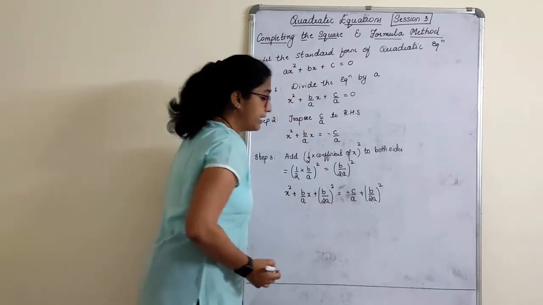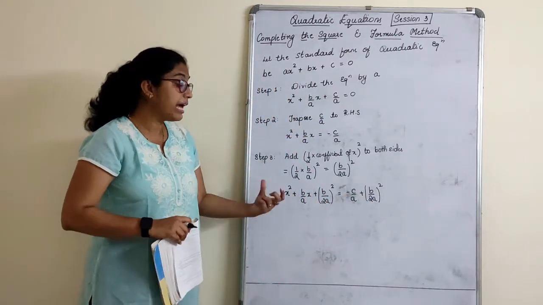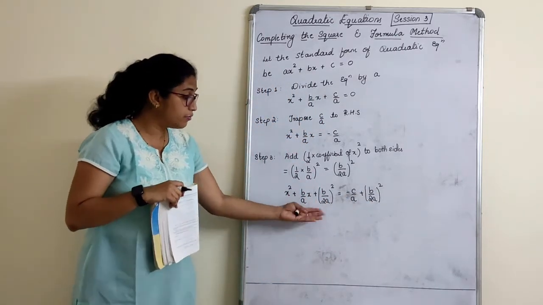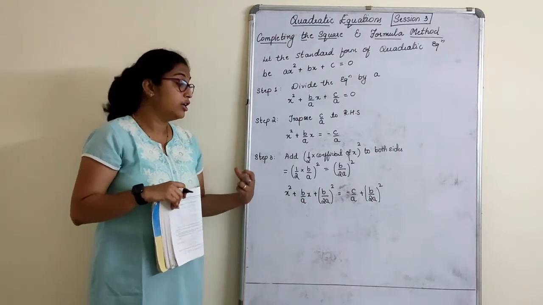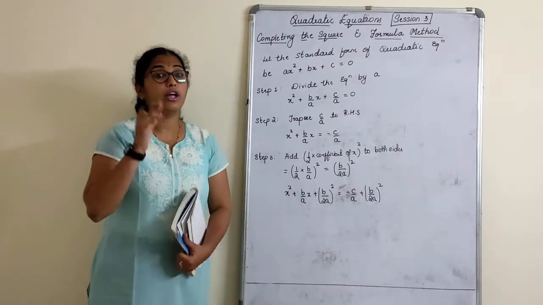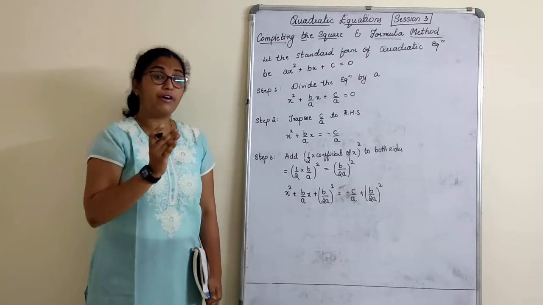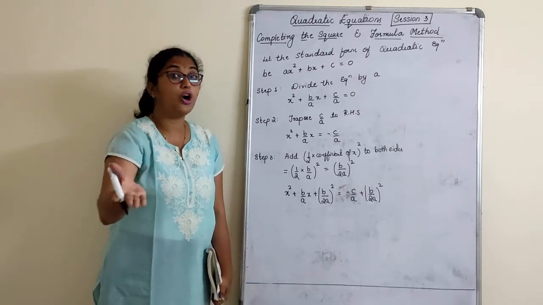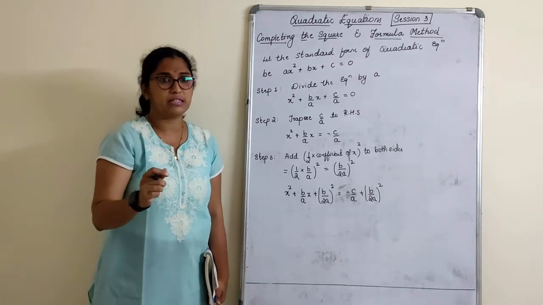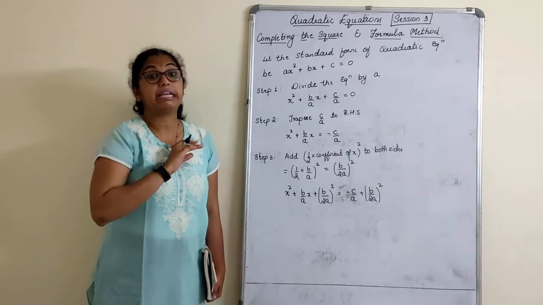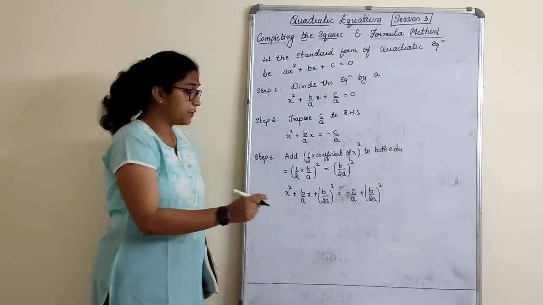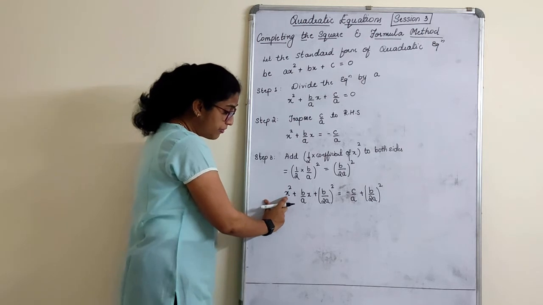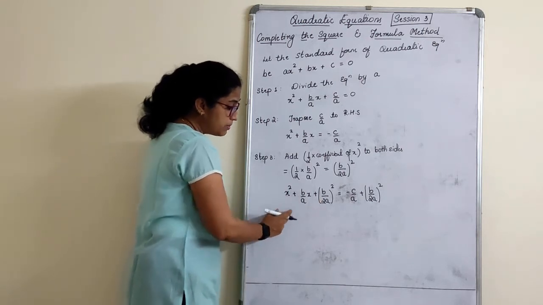Don't open the bracket, children. Whenever we add that, the left hand side will always be in the form of either a plus b whole square or a minus b whole square. It cannot be otherwise. Look at this: it is in the form of a square plus 2ab plus b square.